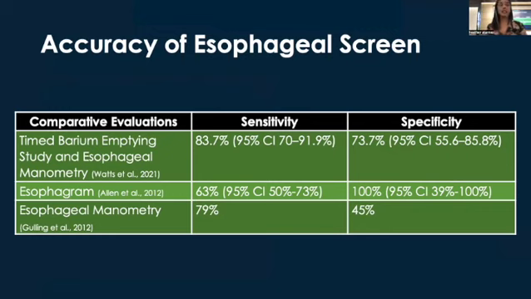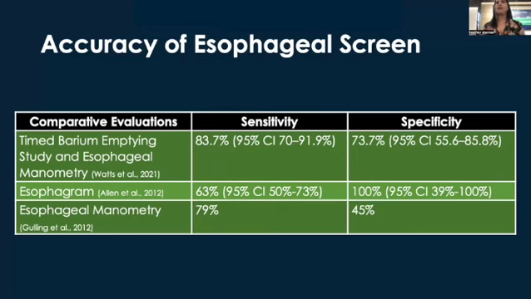There's a lot of studies out there that have compared the esophageal screens and used various diagnostic tools as the gold standard for identifying esophageal abnormalities. And when we think about the sensitivity and specificity, fairly good across various modalities, such as the timed barium emptying study and esophageal manometry.